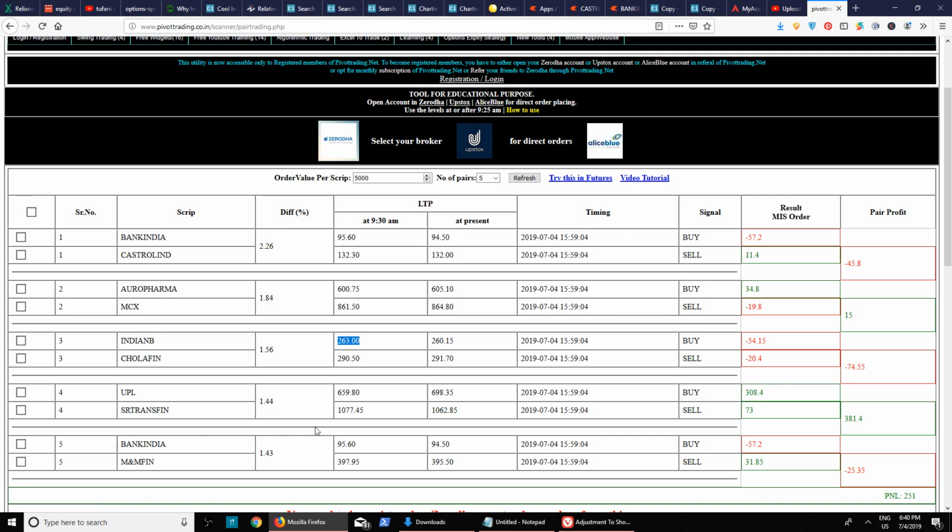So for example here, UPL and SRT Finance, you would actually be in profit on both sides. As you can see here, you take the trade at 6:59, and this is already around 40 points profit, approximately 39, and here also you are actually on 16 points profit here. So a different percentage is provided, and you would actually be in profit on both sides.